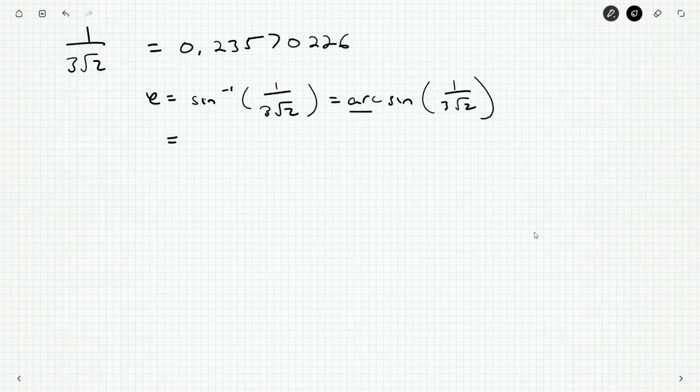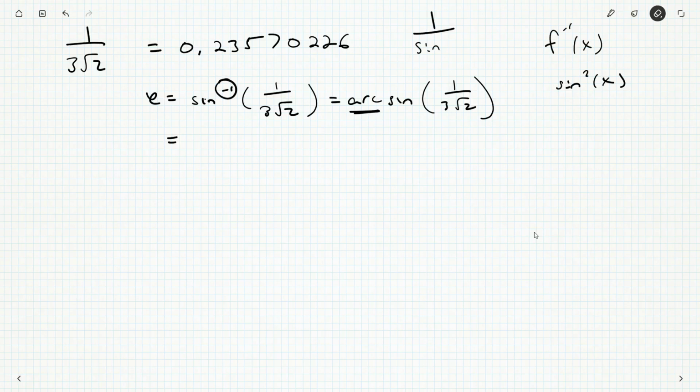Arc sine's nice, but it has a bit more writing. Sine to the minus 1 is short, sweet. It makes a nice connection to standard inverse functions. The inverse of f is f to the minus 1. But it also gets confusing because we tend to write sine to the 2 to mean sine squared, so shouldn't sine to the minus 1 be 1 over sine? Well, no, that's cosecant. That's a completely different function.